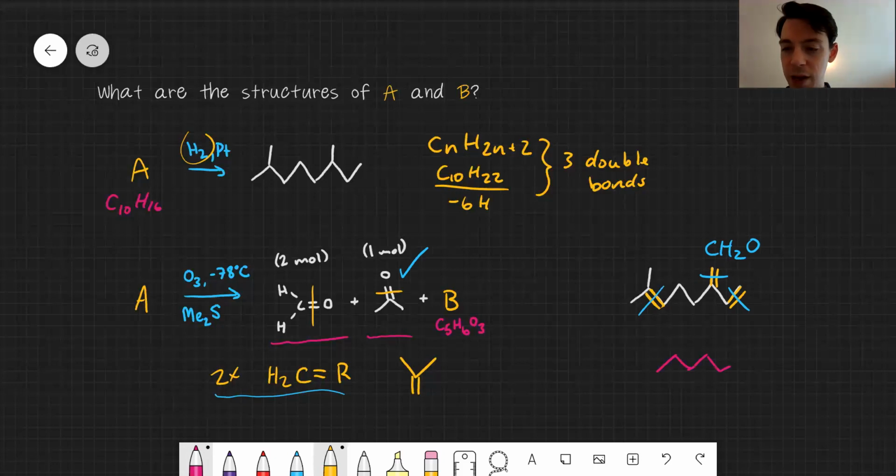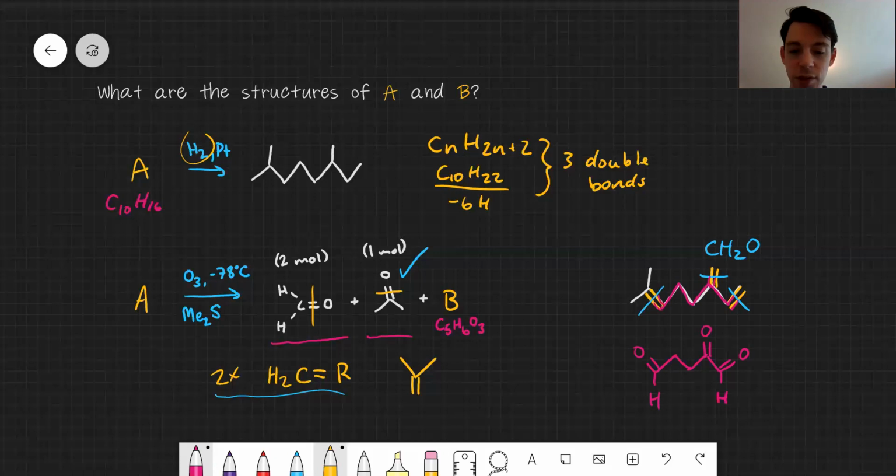So it would have an aldehyde here, a ketone group here, and an aldehyde here. All I did was redraw this backbone with those double bonded oxygens.